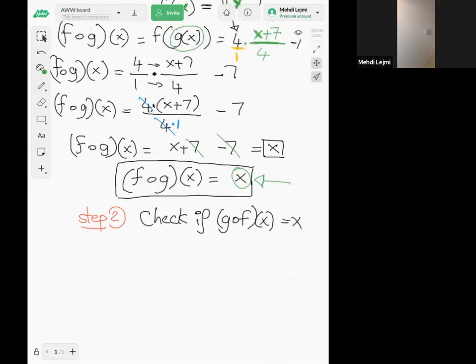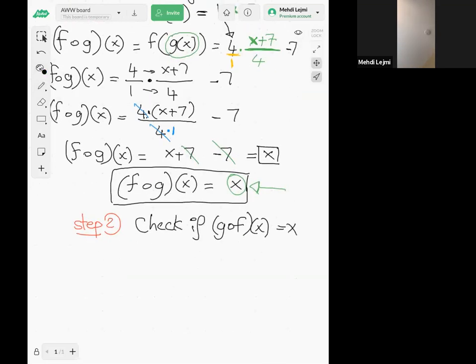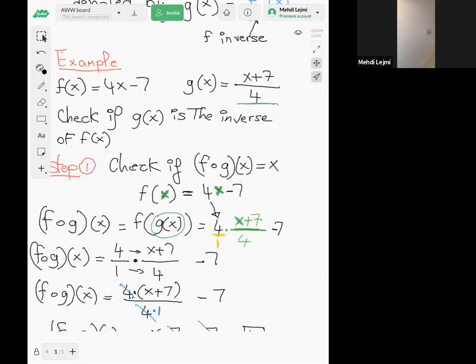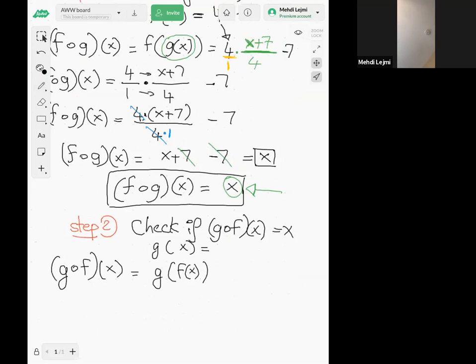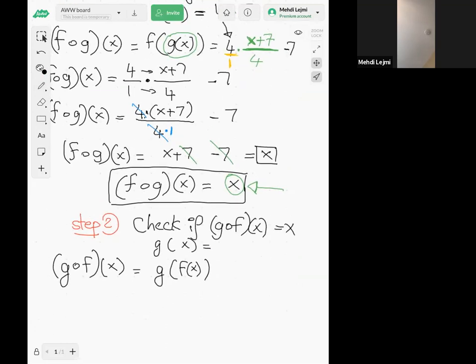So now let's compute this thing here. You want to compute g composed with f of x. By definition this is g of f of x. Again, I can write down here g of x, which is x plus 7 over 4.